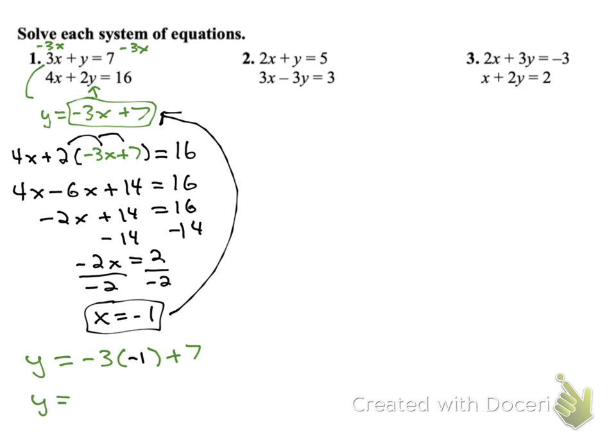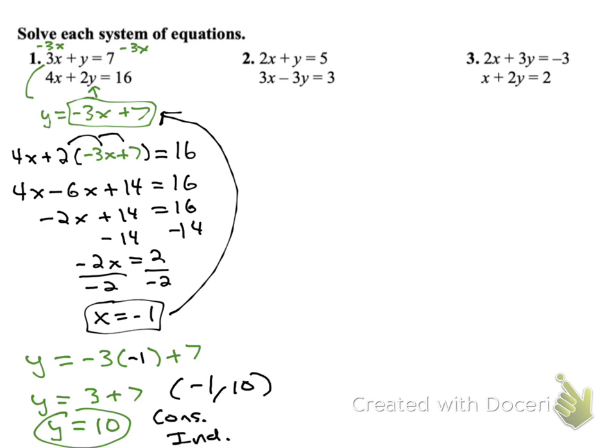So y equals 10. Good. So the answer is negative 1, 10. Consistent, independent.